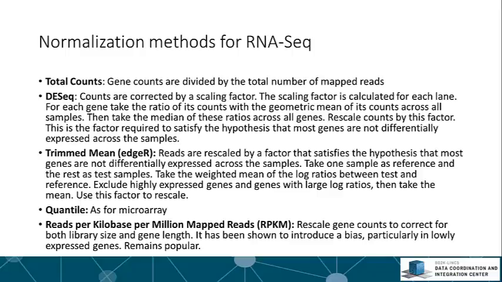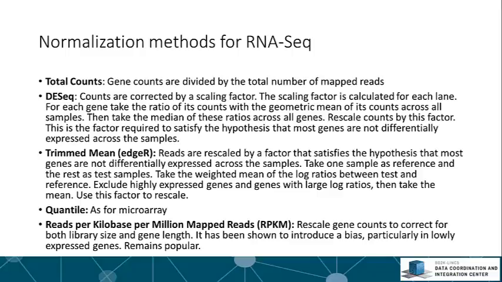The second one is more sophisticated. It's from the method of DESeq. Here, the normalization scheme rescales the gene counts by a scaling factor, and a different scaling factor for each sample.